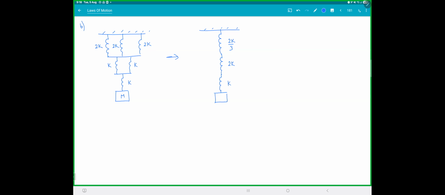And then you have a block. These 3 springs are in series. So 1 by K equivalent will be 1 by K plus 1 by 2K plus 1 by (2K by 3). How much will this be? This will be 3 by 2K.